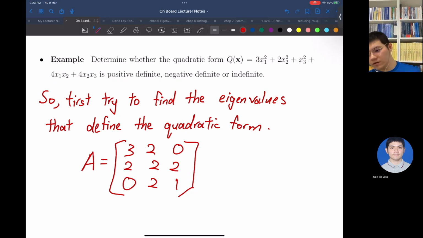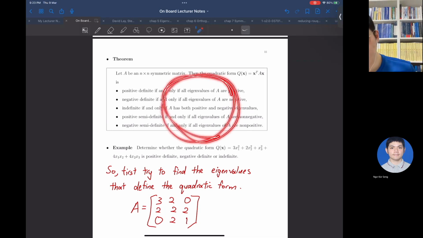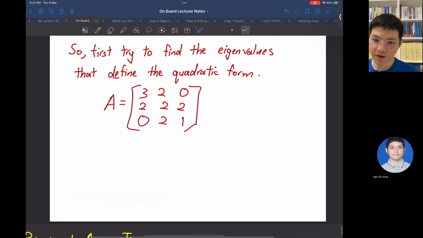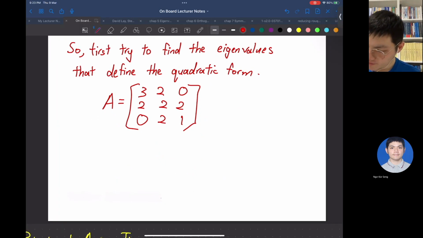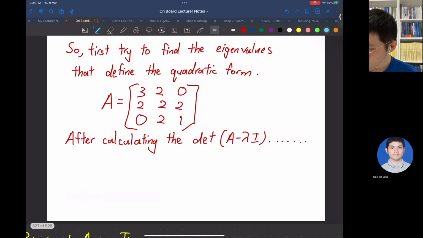Okay, so by the previous theorem, what should we do? We should use the eigenvalues to check which classification the quadratic form falls into. Okay, so it turns out that after calculating the determinant of A minus lambda I, so make sure you can write this part out, I worked it out.